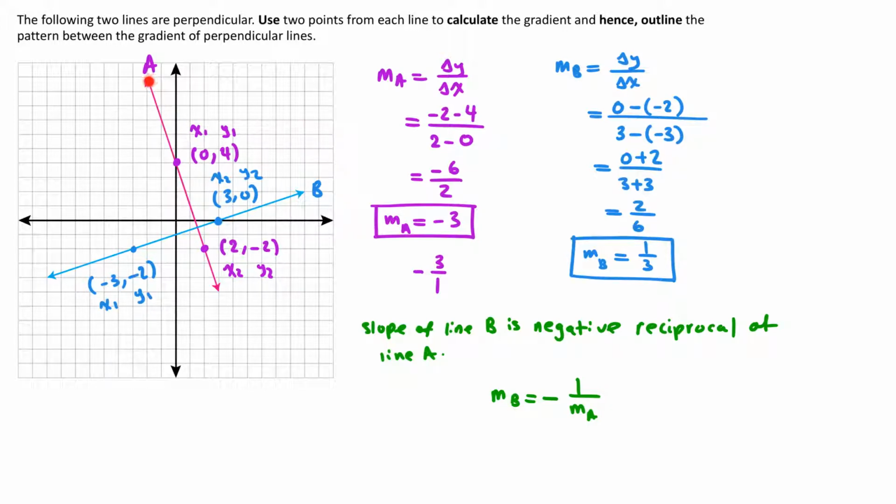And it makes sense because if you have two perpendicular lines, if one of them has a very steep slope, the other one will automatically have a very, very small slope. So again, if one has a high steepness, the other one will have a low steepness. And the reciprocal part of the relationship will tell you that one has a steep slope and one has a more shallow slope.